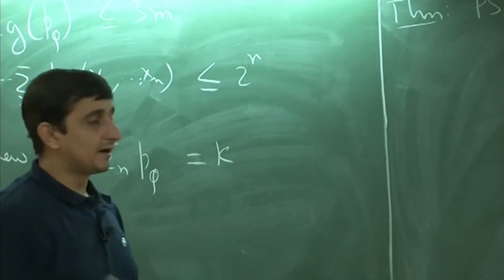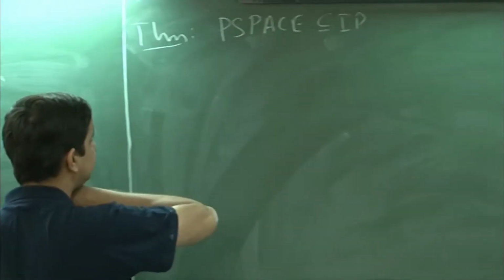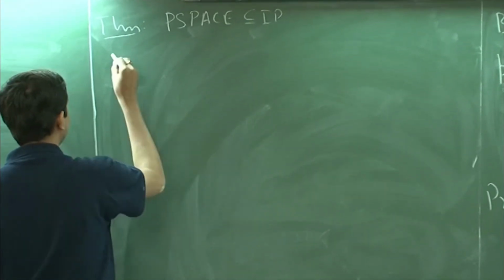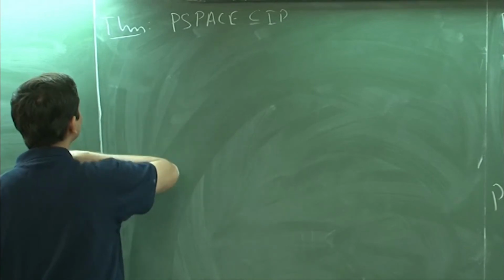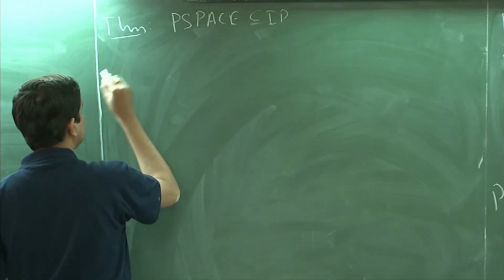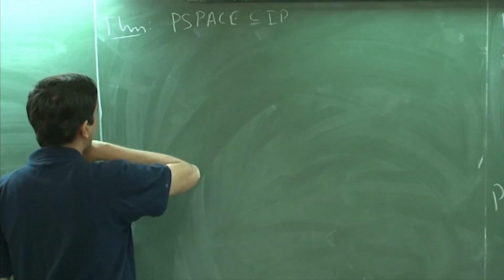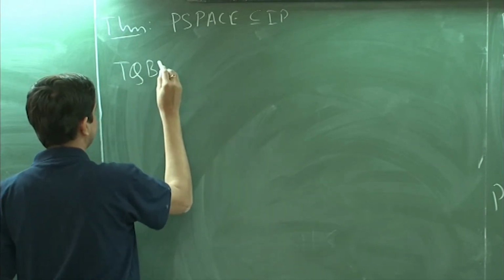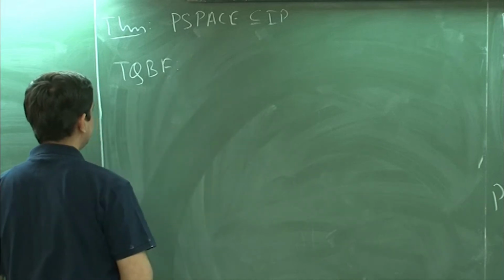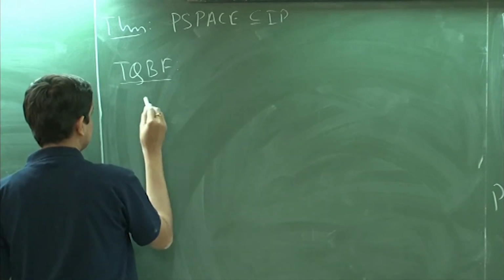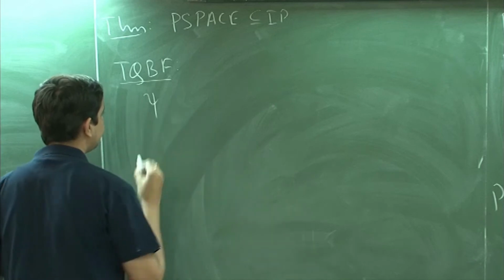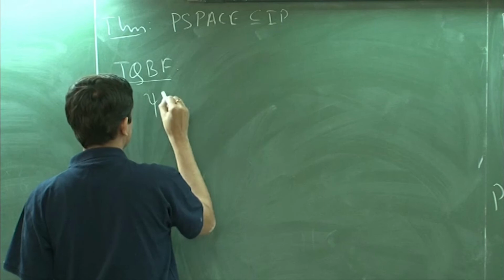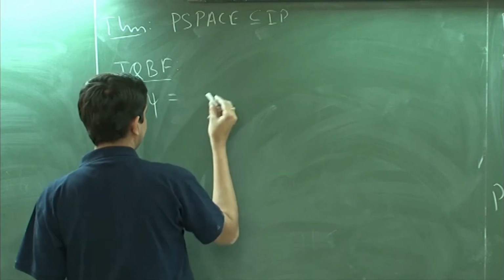So again, let us look at a PSPACE-complete problem. We can look at TQBF. This language TQBF is basically a quantified Boolean formula, let us call it psi, where every variable is quantified.